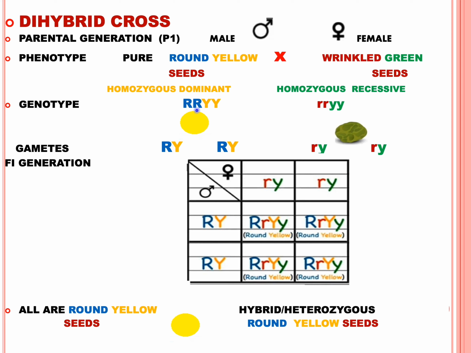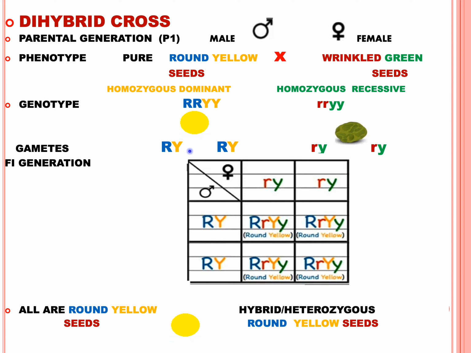For example, here one allele of the round trait is received by the gamete, and one allele of the yellow trait, yellow color of seed, is received by the gamete. So here it is shown that each gamete receives one allele of each contrasting trait.